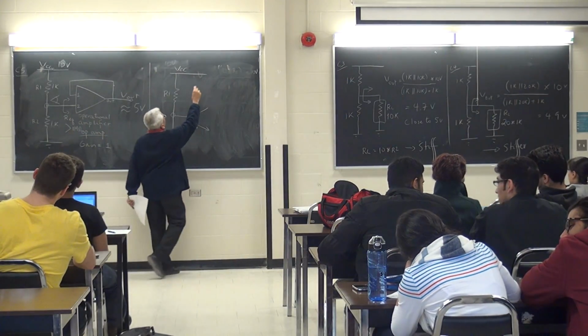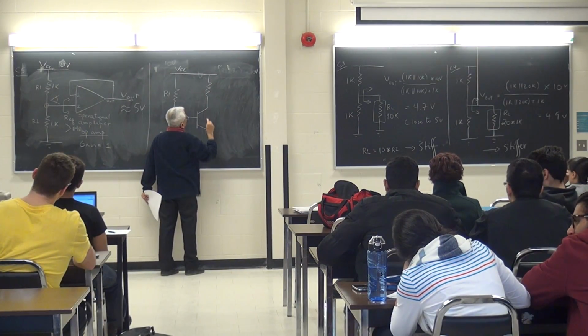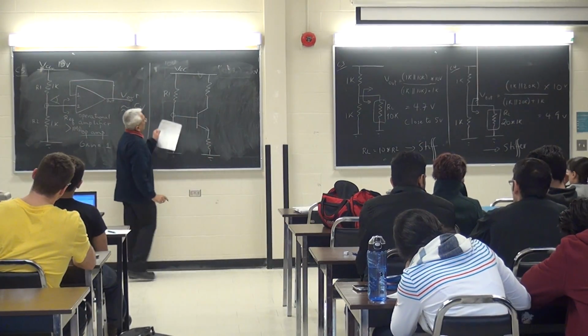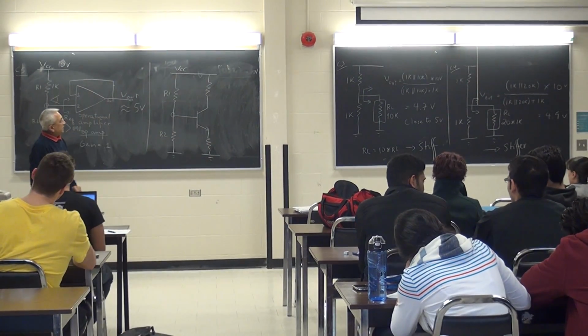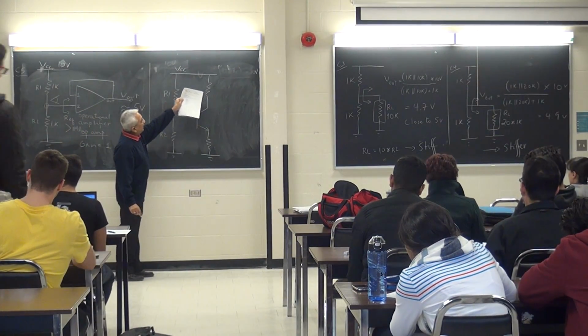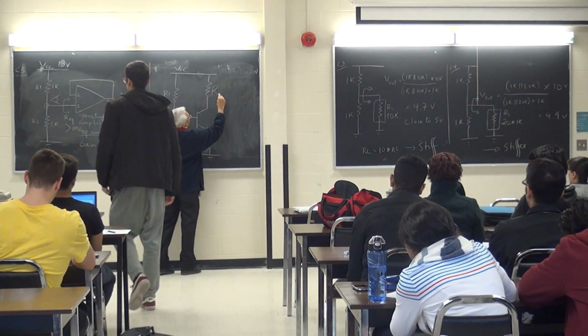So this circuit is the voltage divider circuit, R1, R2. Previously, I've worked with circuits where there has been an RC, right?